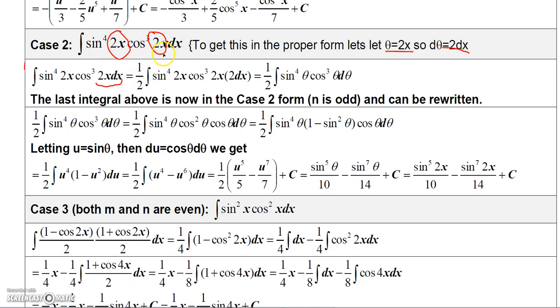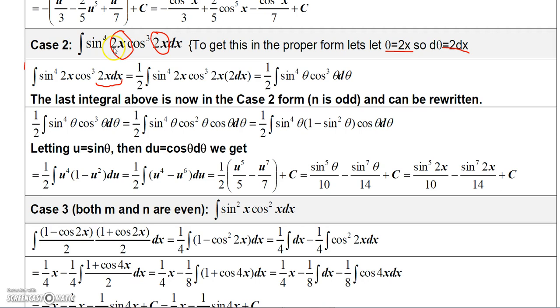Now in this example, you'll notice that sine is raised to the 4th power, so the power of sine is even, so m is even. And then the cosine is raised to the 3rd power, so that's an odd value, so n would be odd. So this satisfies the conditions for case 2.